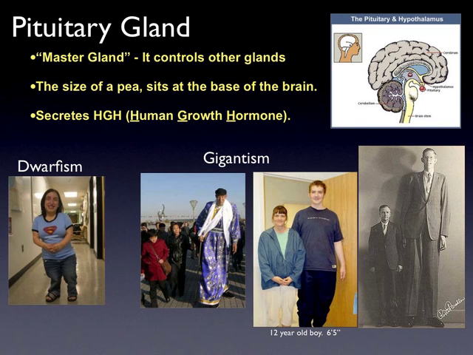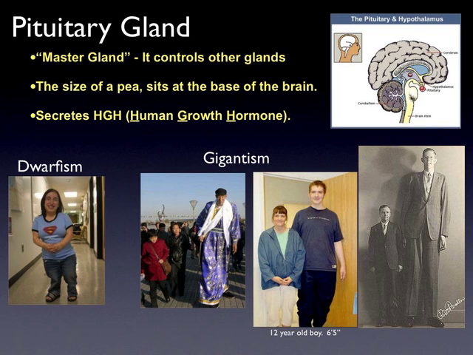This guy is the tallest human ever recorded. He lived in the 1920s and 30s, and he died, I think, in 1936 or somewhere around then. He had a disease in which a person has a tumor on their pituitary gland that produces excess human growth hormone, and it doesn't stop.